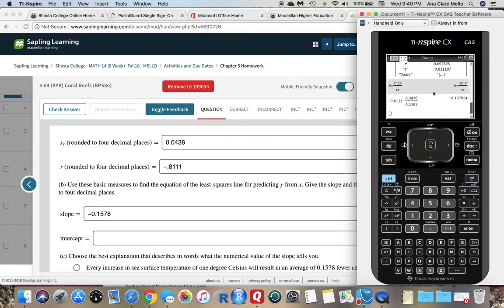Now that we have our B, we can calculate A, and A is equal to y bar minus B x bar. I can put a little space in here so you can kind of see what I'm saying.